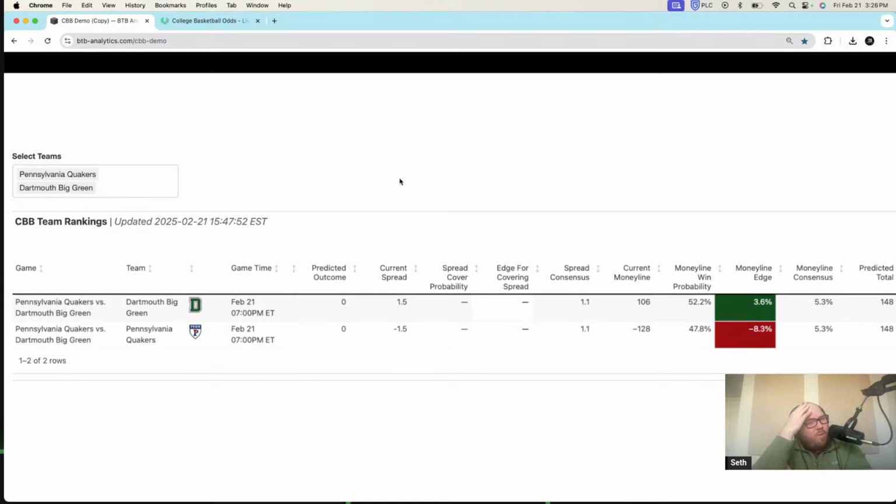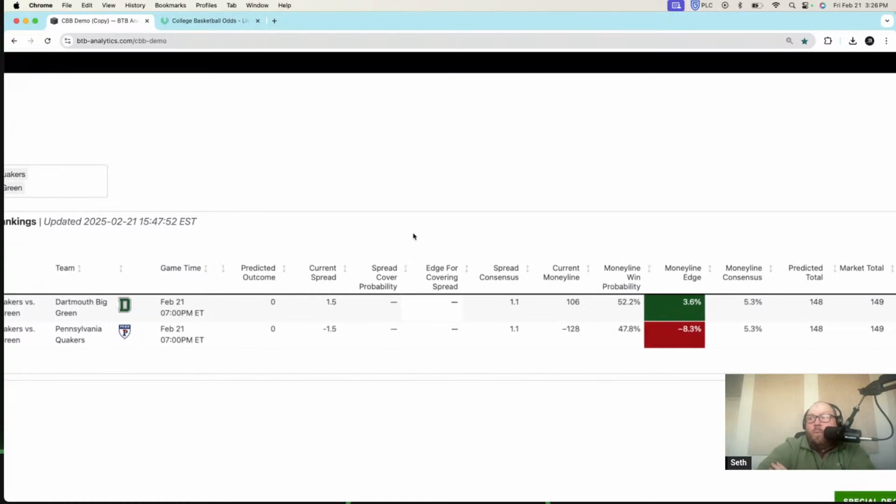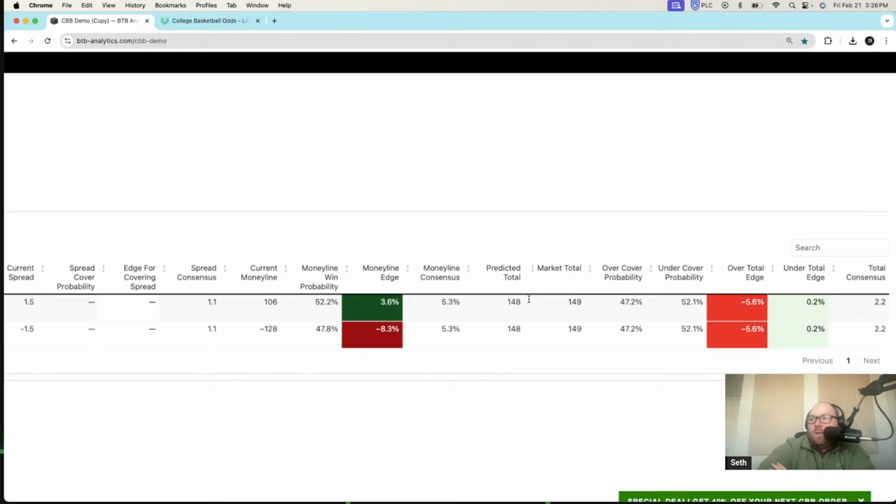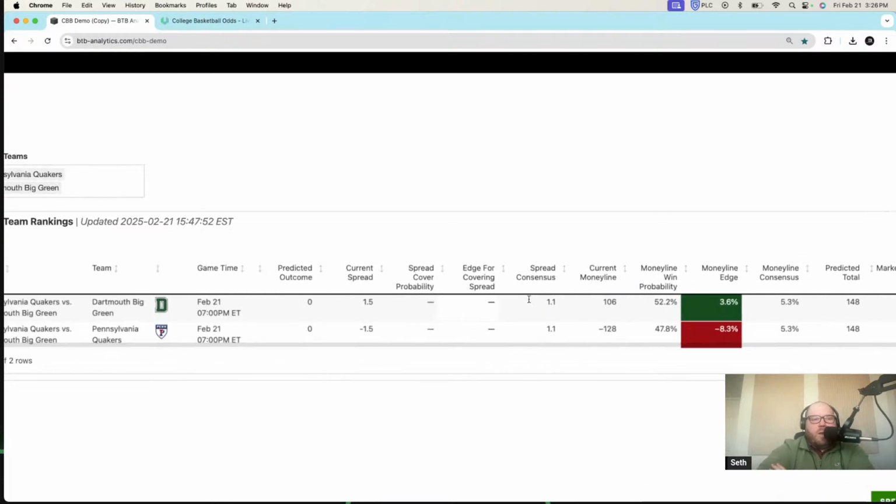The problem is I don't like targeting away teams as much. I don't really know anything about the Ivy League. I don't know all these teams, so it's just a stay away. But actually, our model likes Dartmouth in this game. A tiny bit of value on the under, 0.2%. I think it's a stay away for me.